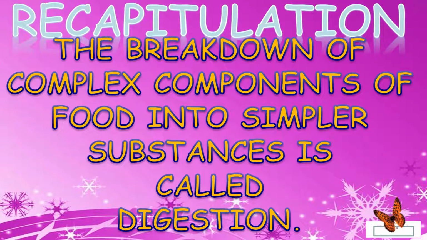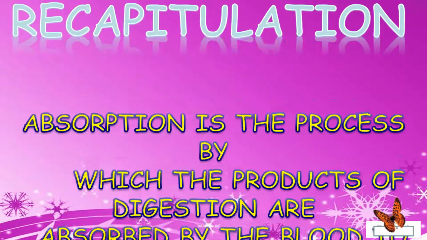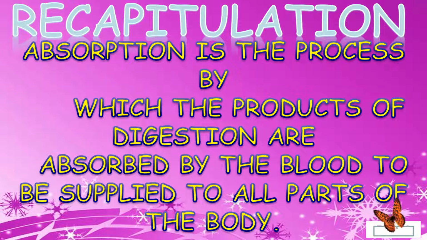The breakdown of complex components of food into simpler substances is called digestion. Absorption is the process by which the products of digestion are absorbed by the blood to be supplied to all parts of the body.